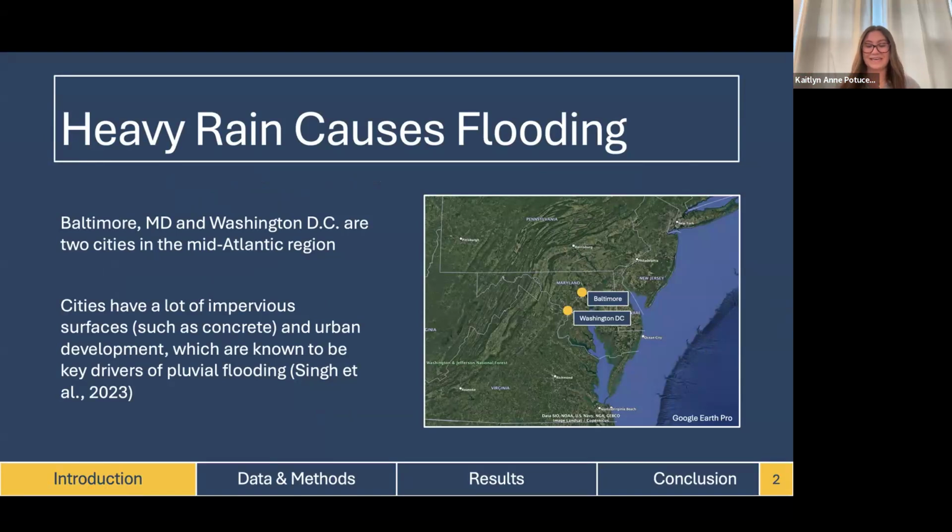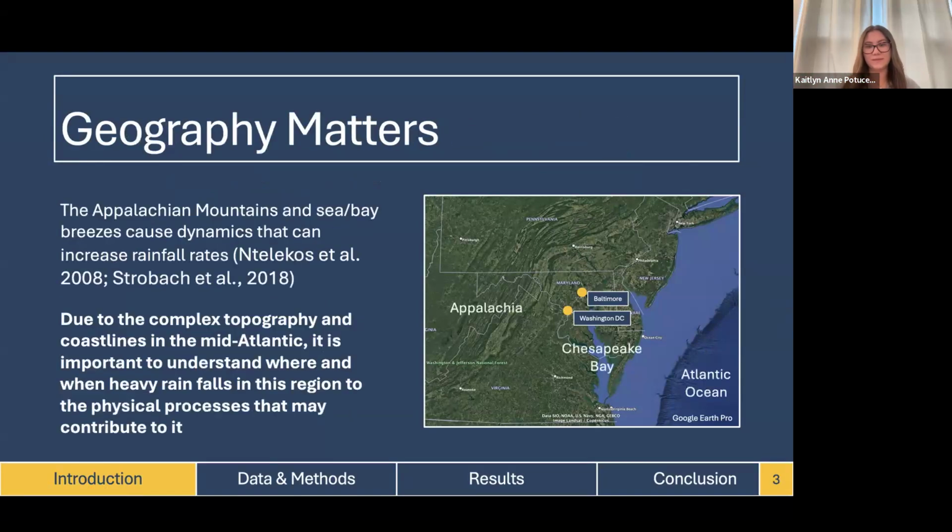This is important in the coastal mid-Atlantic because it's home to two major metropolitan regions, Baltimore and Washington, D.C. This region is also particularly interesting because it has so many complex topography features, such as the Chesapeake Bay, complex coastlines that you can see off to the right here, proximity to the ocean as well, and the Appalachian Mountains. These features are known to generate mesoscale circulations, or small scale atmospheric processes that can locally intensify rainfall rates.